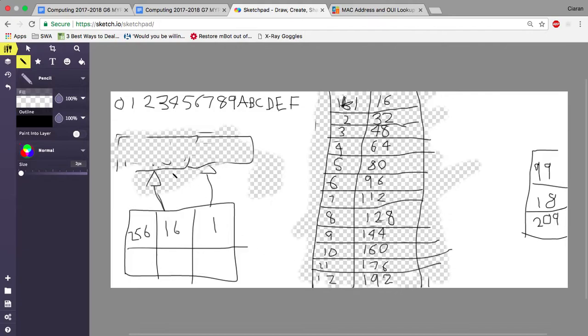So we know, therefore, we can put 12 times 16, and actually we can even probably add 16 to 192, which will give us 208. So we can do 13.